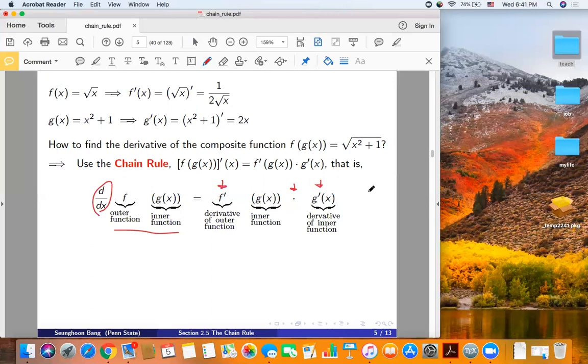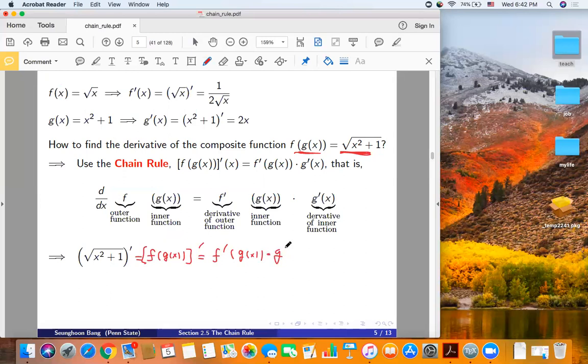So how can you apply this here? It's the same as f of g of x prime. We can use the chain rule. What's f prime?